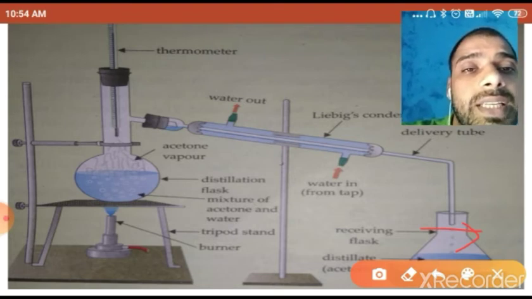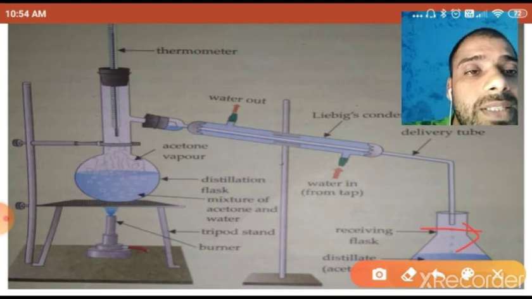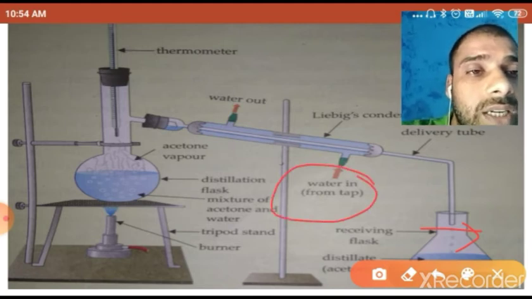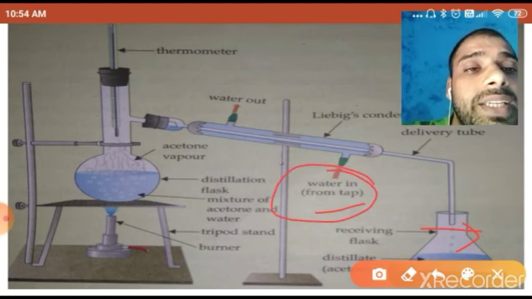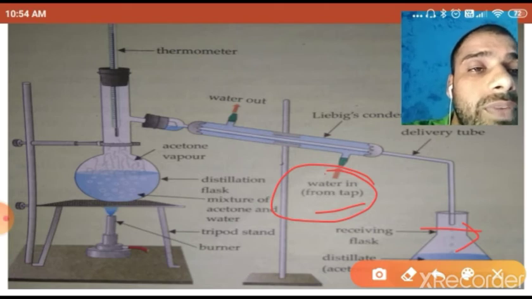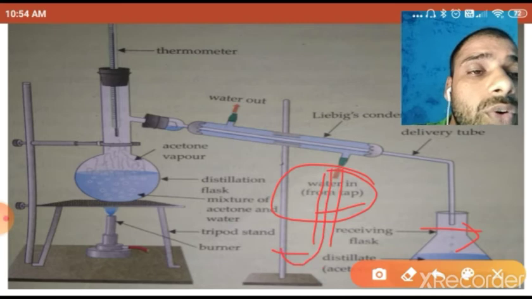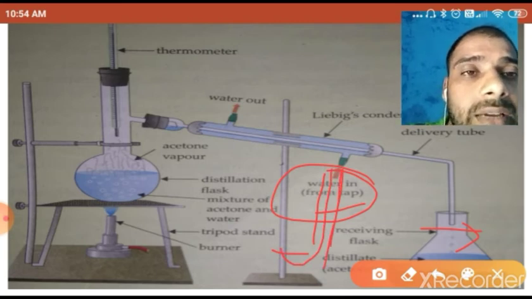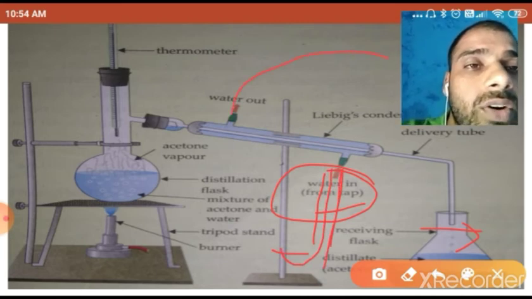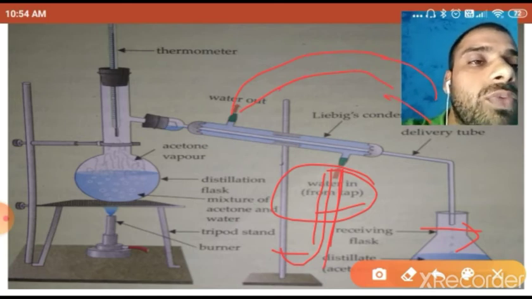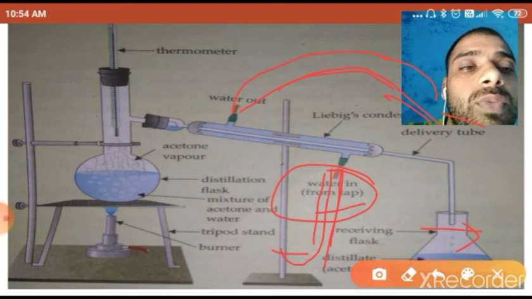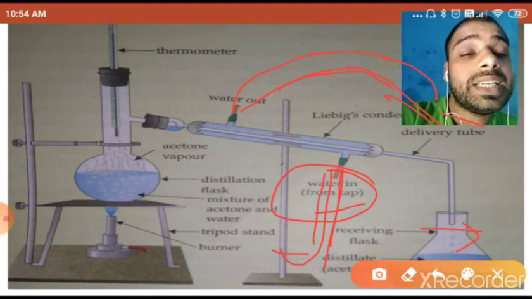The water outlet is there, and here you can see water coming in the form of a tap. Why is it water from a tap? One tap would be there, the cold water will go into it, and the water outlet is connected into the basin, so the hot water will fall into that basin. Why has it been done like that?